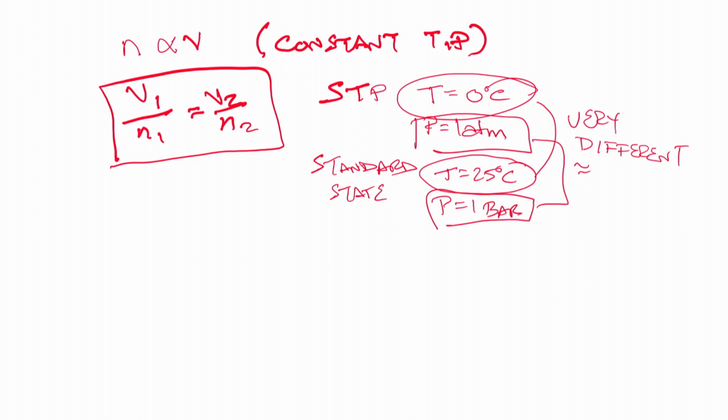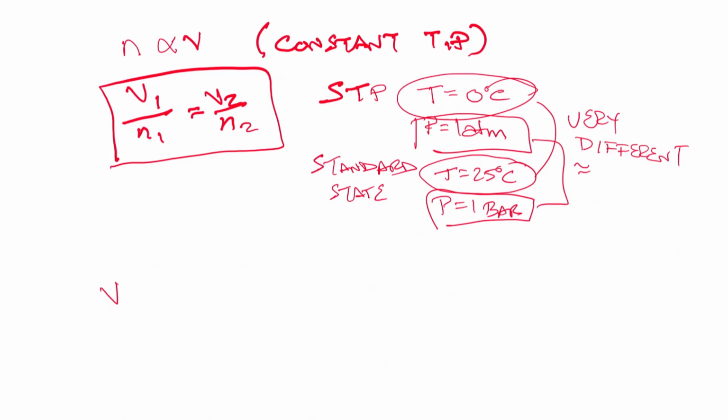Now if you combine all of these relationships, it would seem that you can take all of these different equations, Boyle's law, Charles's law, Gay-Lussac's law, Avogadro's law, and put them all into one equation. For example, they all have to do with volume, except for Gay-Lussac's law.